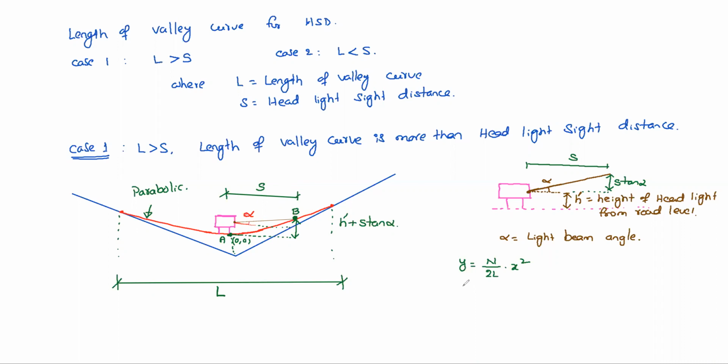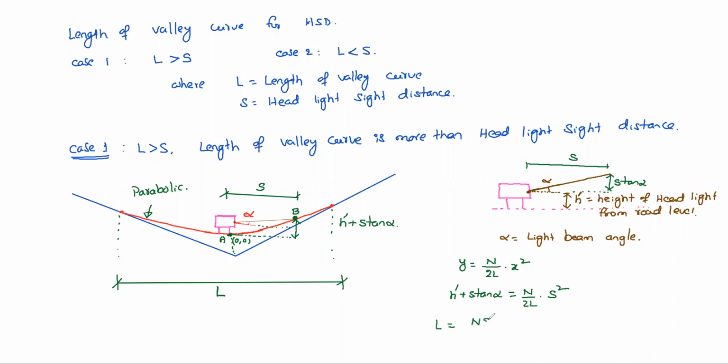We can substitute here: h dash plus s tan alpha equals n by 2L into s square. Based on this you can find L. So L equals how much?